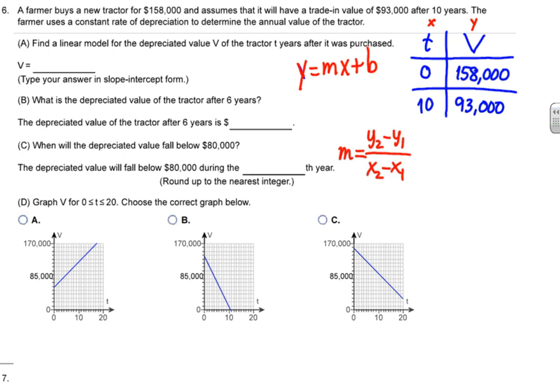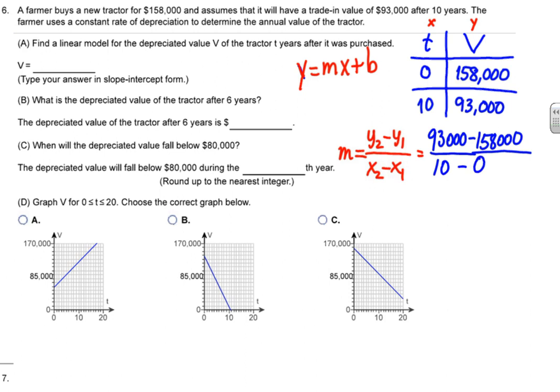Another way of finding the slope, I can subtract the two values that I have for y, and in the denominator, I'll do the same thing for the x value. So this would be considered y2. I have 93,000 minus 158,000 over 10 minus 0.